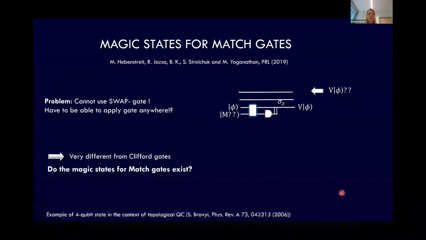So now we would like to do something similar for the match gates. But we are facing here actually a very big problem because, as I mentioned before, the swap gate is not a match gate. So this means now what? This means that even if I would come up with some states that I could use in order to implement some resourceful gate here denoted by V, then I could apply this V-gate to this next qubit that is next to my auxiliary state here, but I could not do it here, because how can I map this state here next to the qubit that is here?